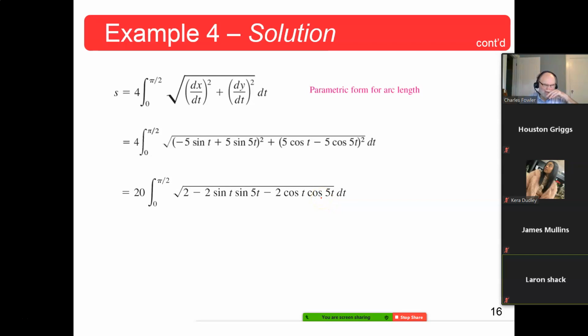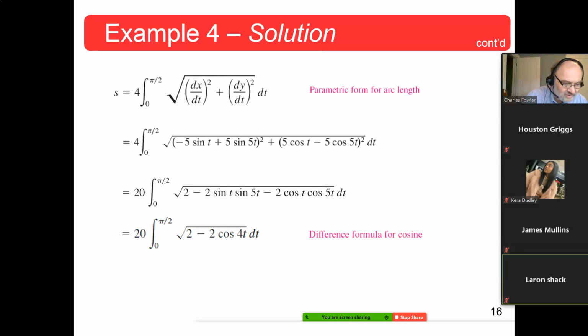All right. Now, this is where the magic comes from, okay? And they just say the difference formula for cosine. And that's the one I pointed you to at the front of the book. If I can get it again, I'll read it out to you and see if this comes the same.